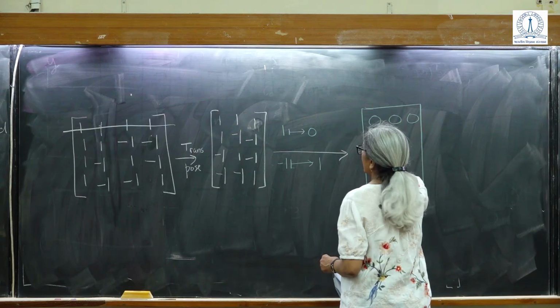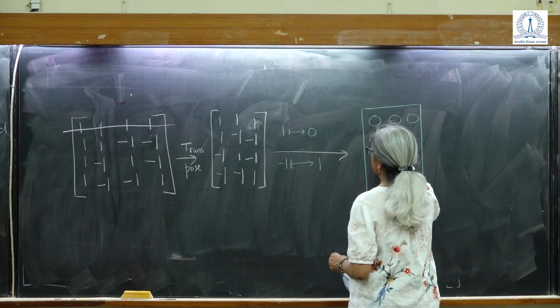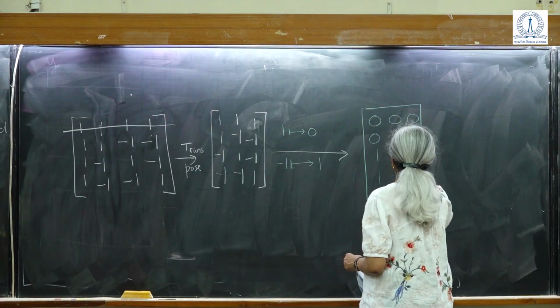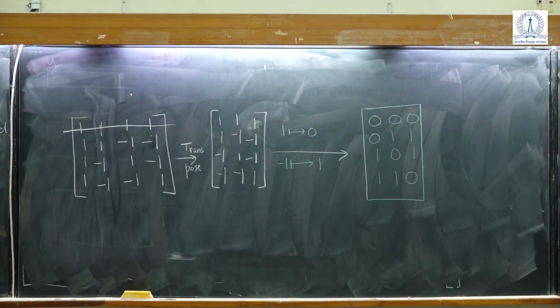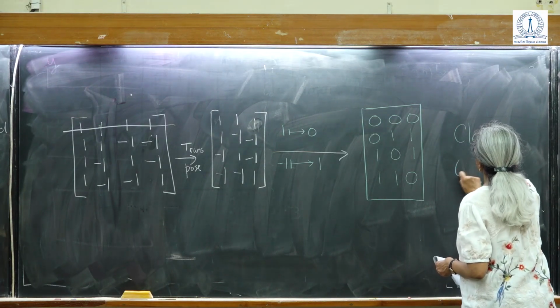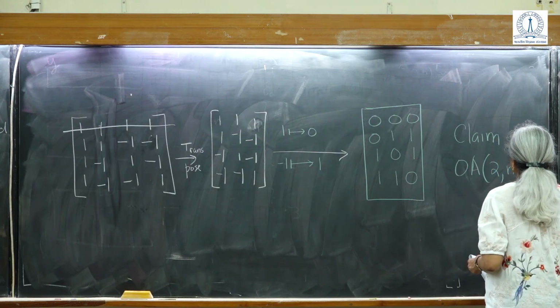All the 1s become 0s and the -1s become 1s. This is a linear transformation, and this is okay too. I claim that whatever you get here is going to be an orthogonal array of strength 2.